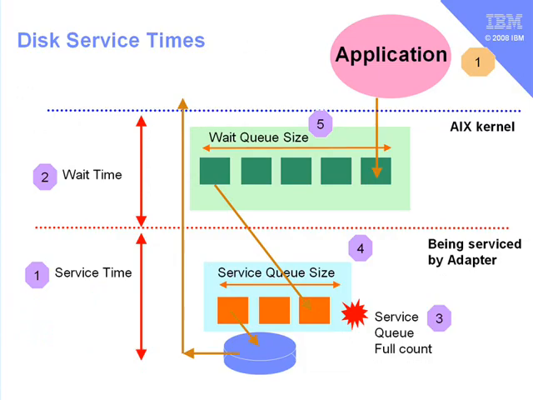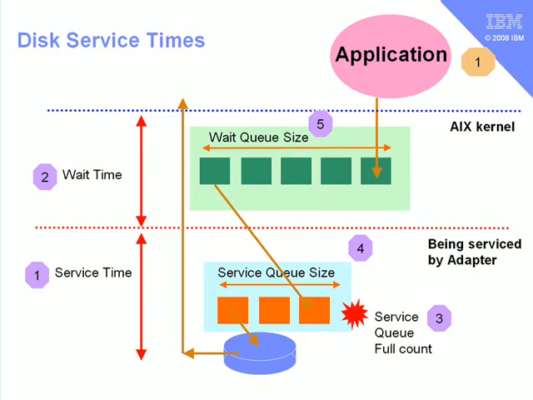The application at the top here calls the AIX kernel via a system call. If there is nothing waiting for the adapter, it will immediately push this to the adapter and it will go into the service queue on the adapter. The adapter will then talk to the disk and ask for the I/O to be started.